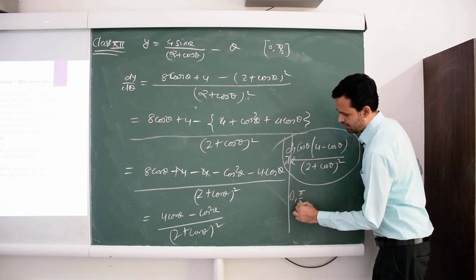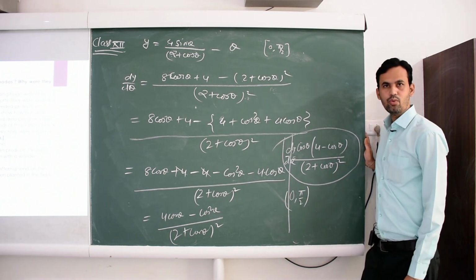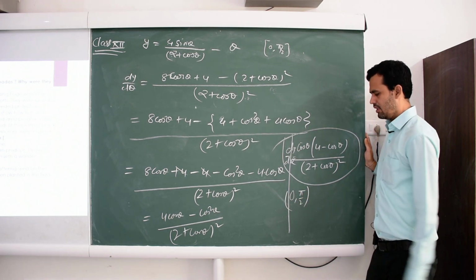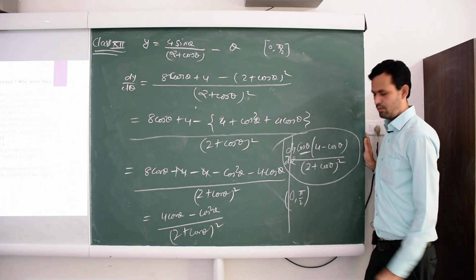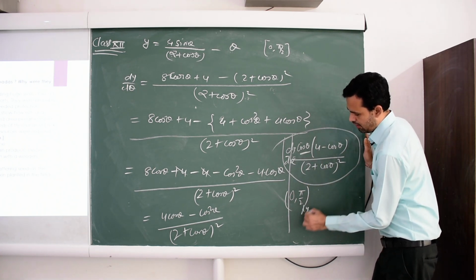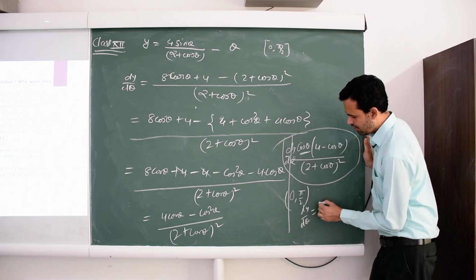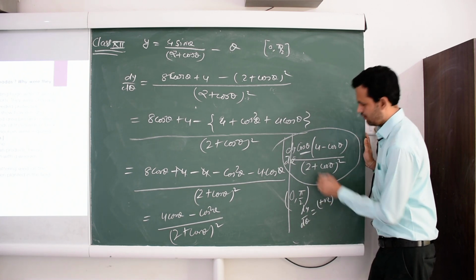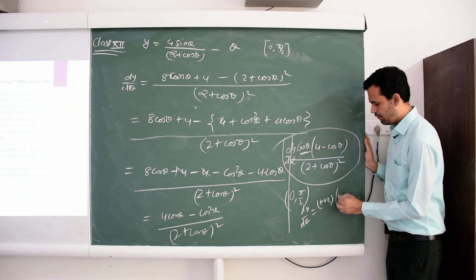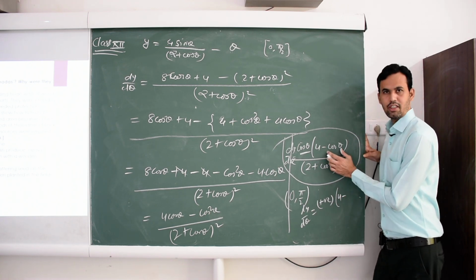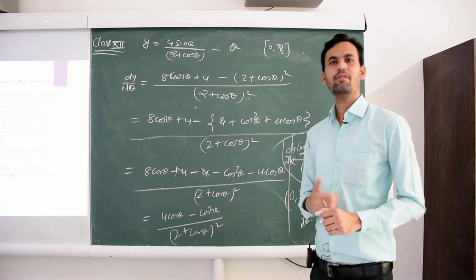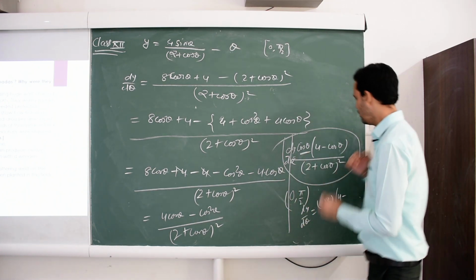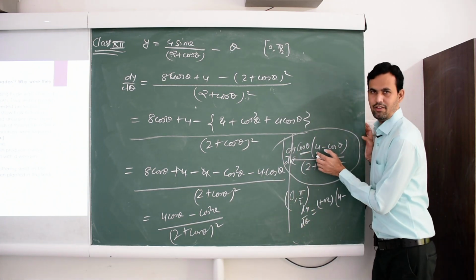Now the given interval is 0 to pi by 2. In this interval we know that the value of cos theta is positive, so dy by d theta is positive. Then 4 minus cos theta is also positive, because the value of cos theta is between minus 1 and plus 1, so it is always less than 4.